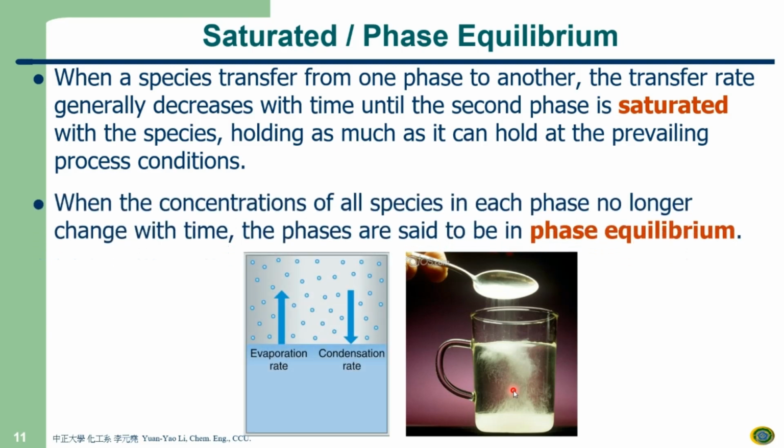So when the concentrations of all species in each phase no longer change with time, the phases are said to be in phase equilibrium.